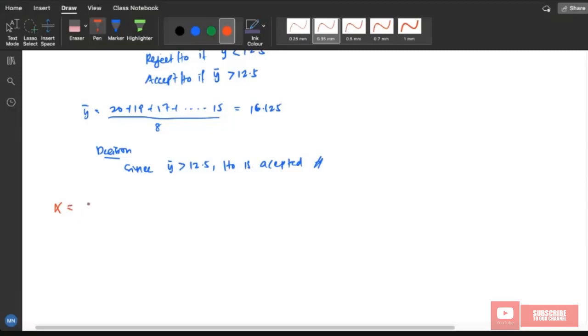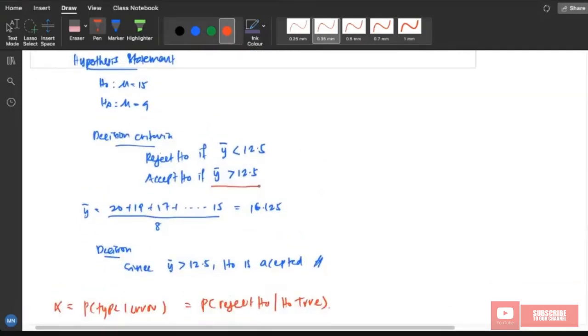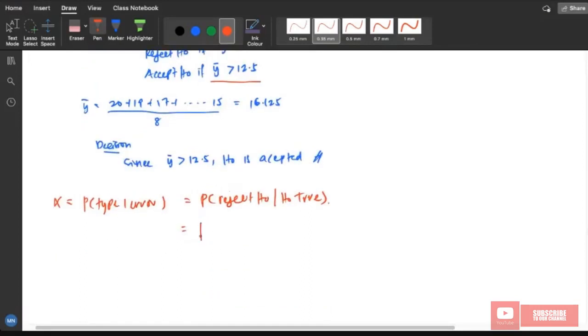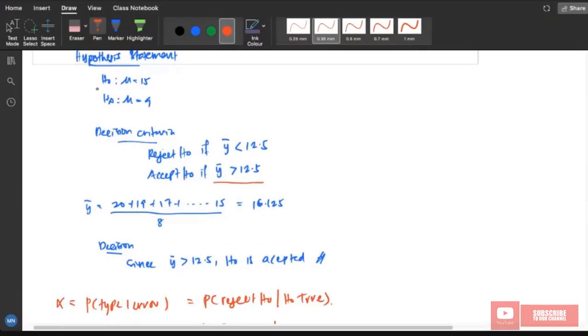So alpha is equal to probability of type 1 error, which is also equal to probability of reject null hypothesis when null hypothesis is true, right? So reject null hypothesis when y bar is more than 12.5. Probability of y bar more than 12.5 and the null hypothesis is true, mu is equal to 15.